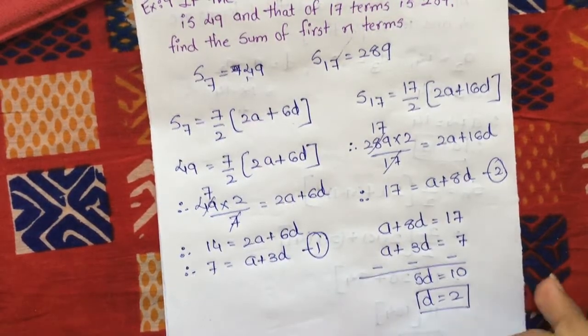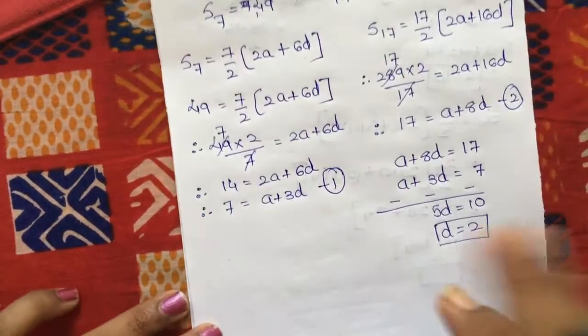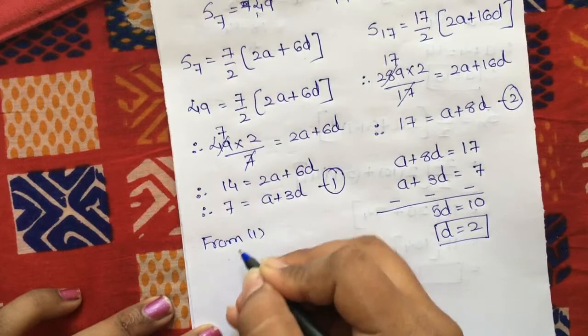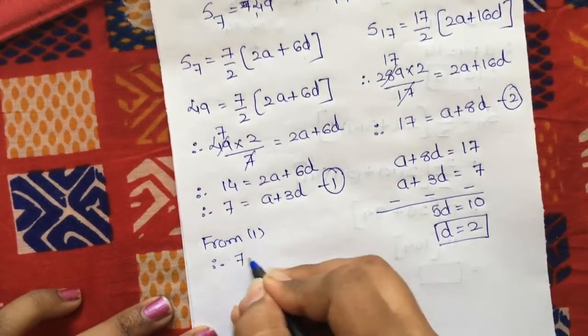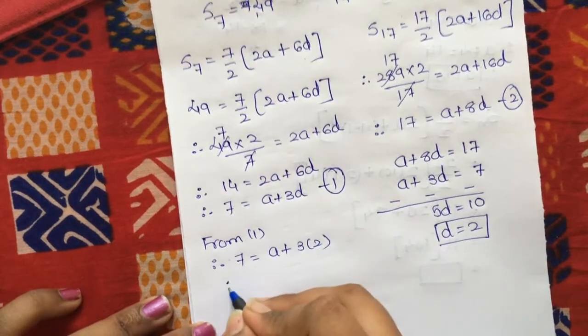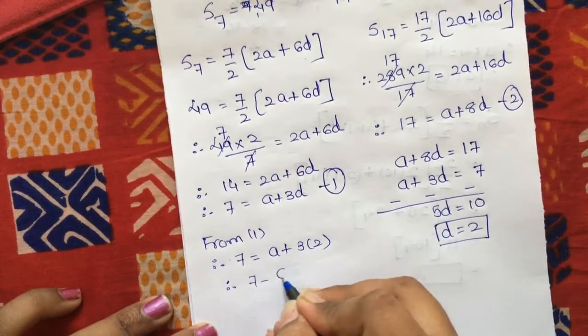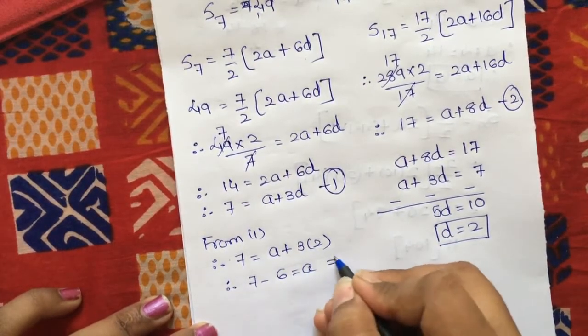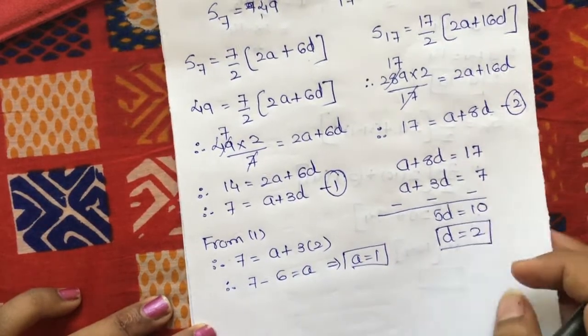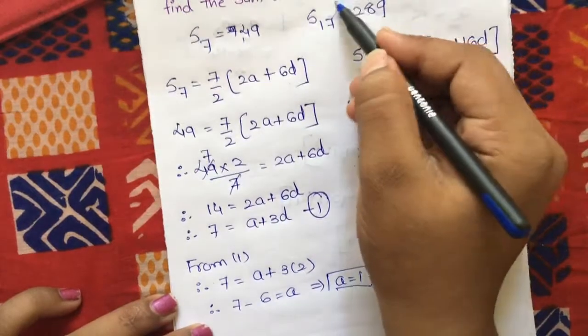So we are having the common difference d as 2. So from equation 1, 7 is equal to a plus 3 into 2, therefore 7 minus 6 is equal to a, which implies a is equal to 1. Okay, now we have to find the sum of first n terms.